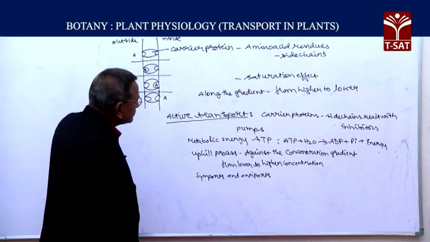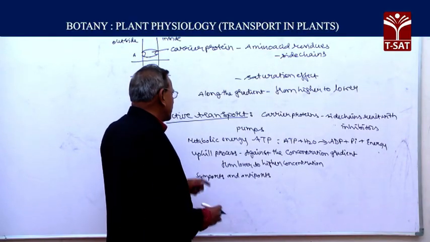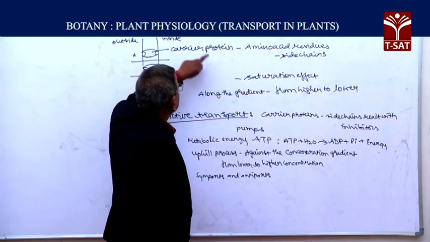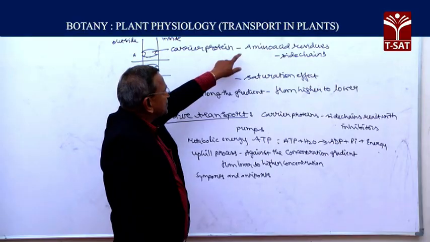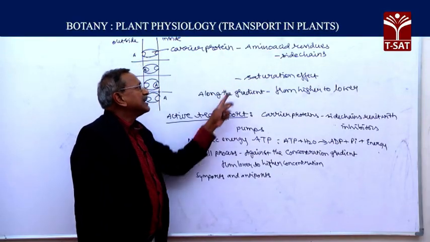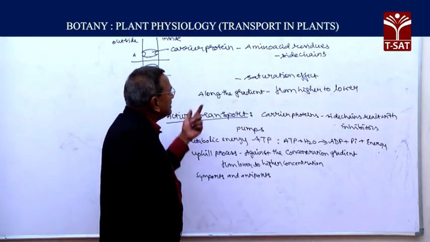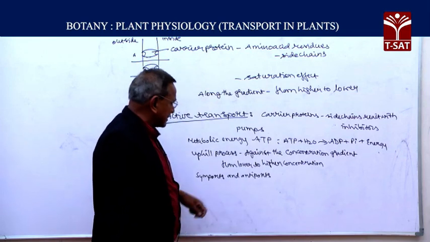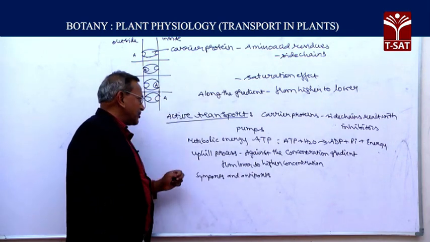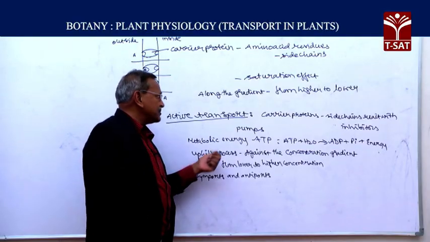And because carrier proteins are there, like facilitated diffusion, this process of transport is affected by inhibitors. Here also the effect of inhibitors can be seen, and the facilitated diffusion has a saturation effect due to presence of carrier proteins, and active transport also has carrier proteins.